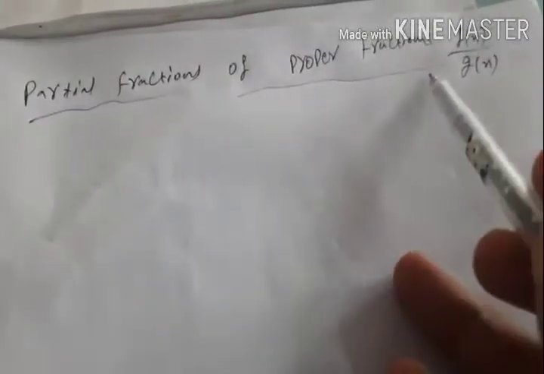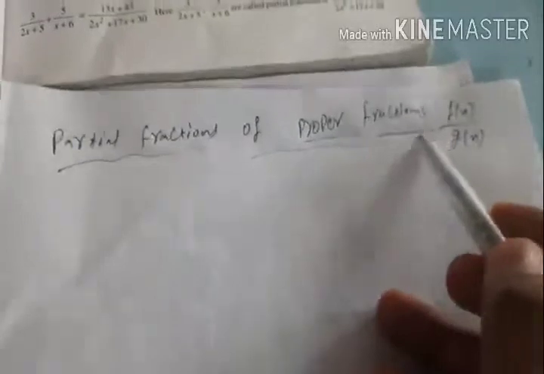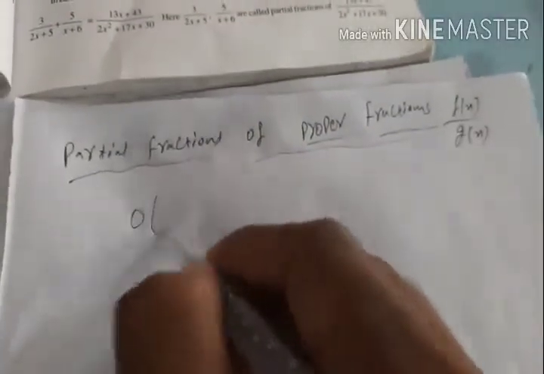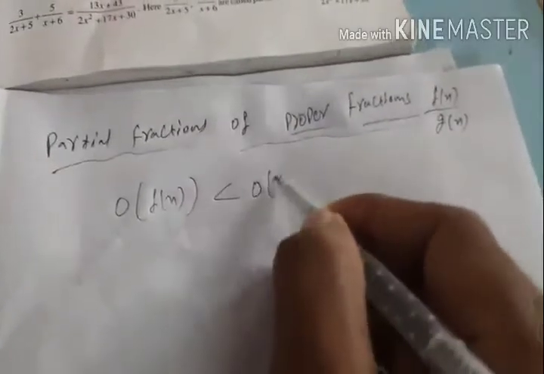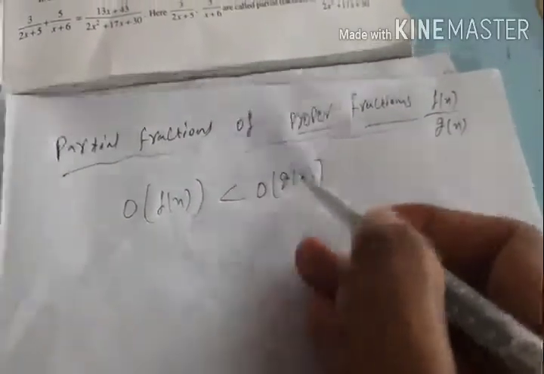Okay, next we discuss the partial fractions of proper fractions. Proper fractions means the order of f of x is less than the order of g of x.